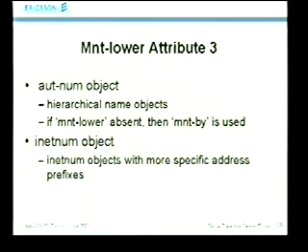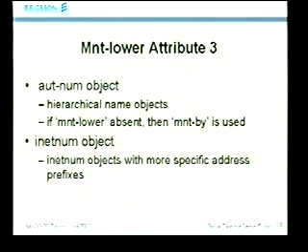You would ask, why have mnt-lower if you can always use mnt-by? The idea there is that you can have different authentication schemes in these two maintainers, and you can give the authentication key to different people in your organization. Whoever has the key to the mnt-by maintainer can change the aut-num object.